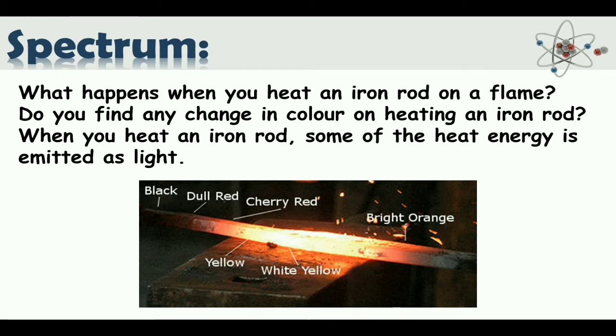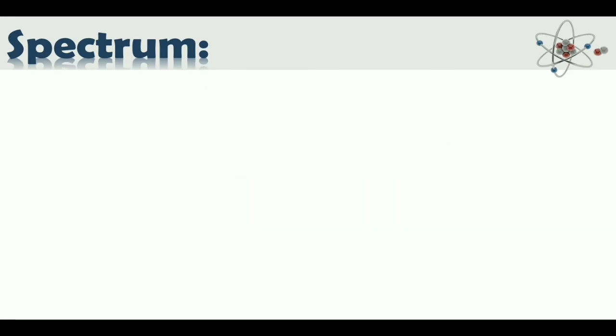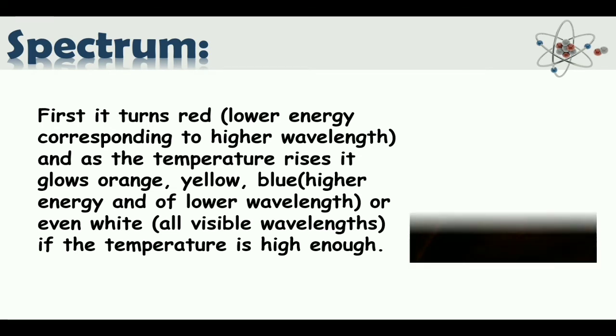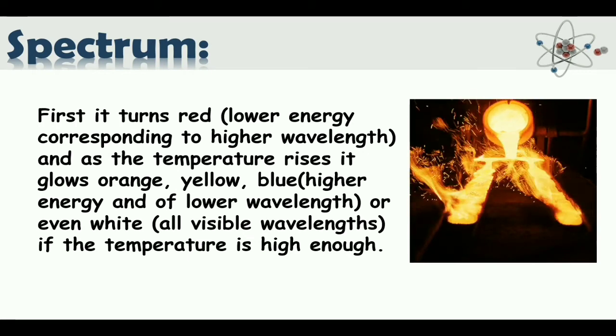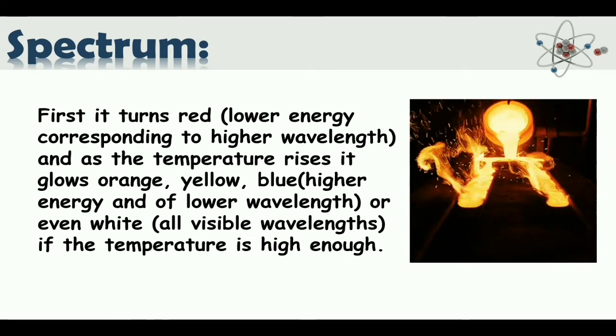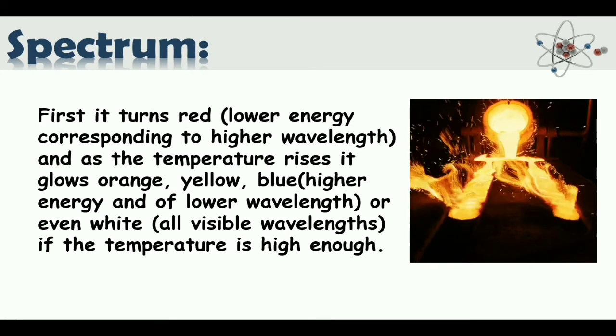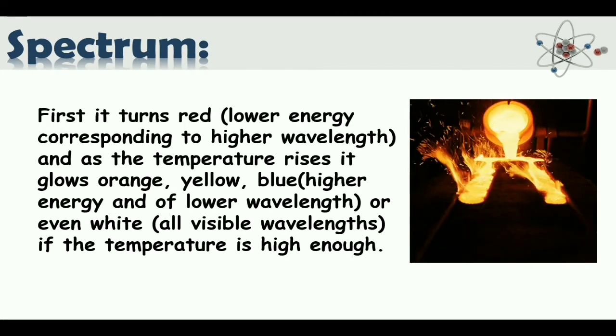When you go to higher temperatures, it will give us white light. So first it turns red, having lower energy, and as the temperature increases, it moves on to orange, yellow, blue, finally white. You can see here the molten iron.